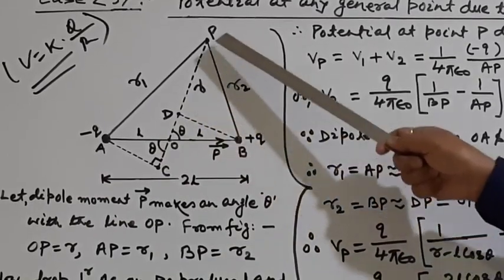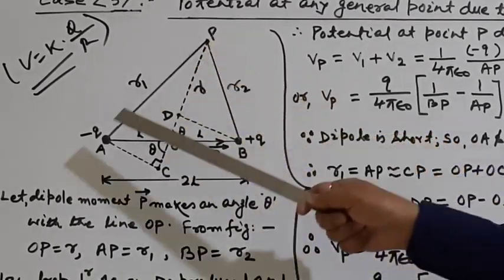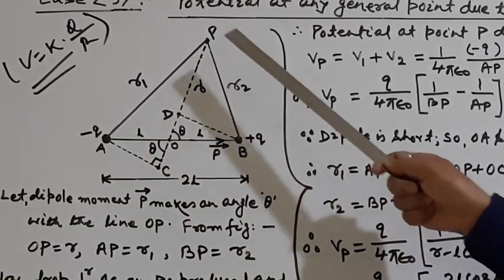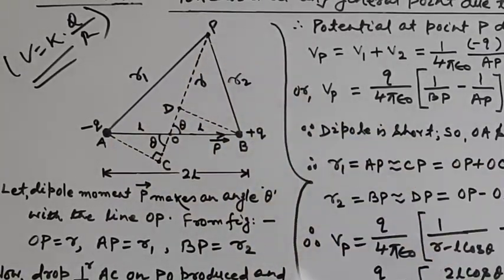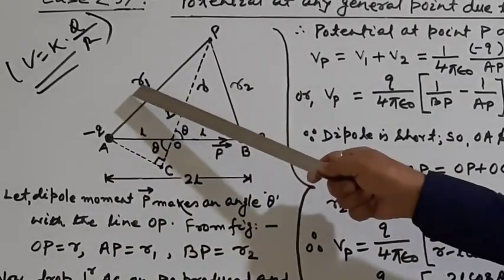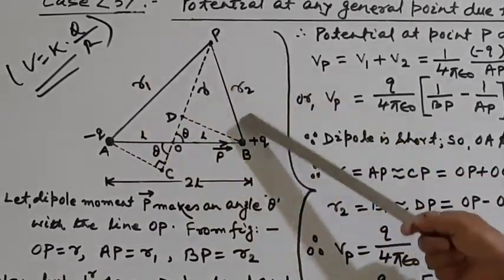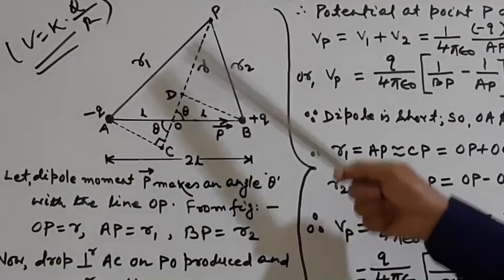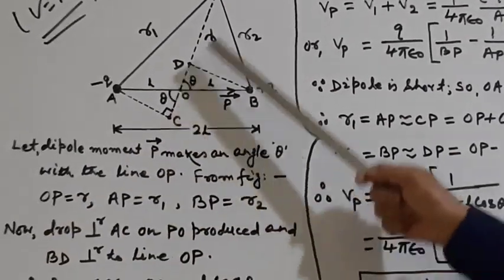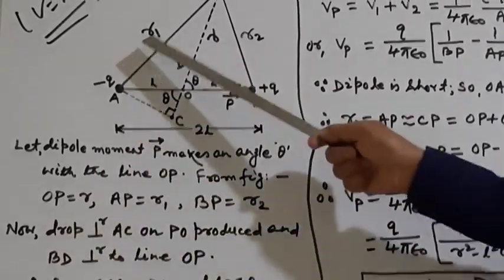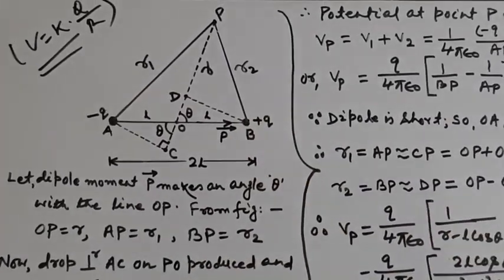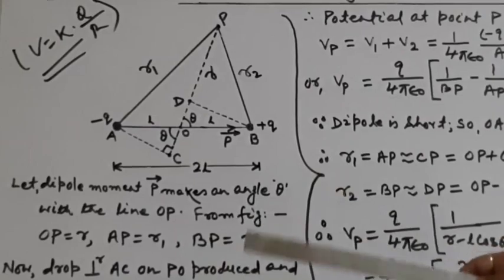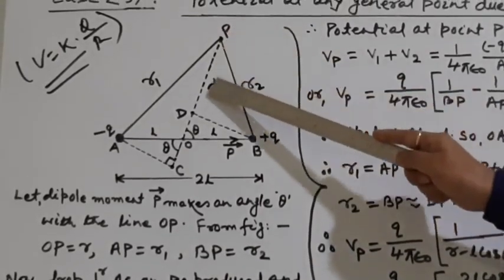That's why you have to join both the lines from the point to charge minus Q, and from the point to charge plus Q. So we'll join AP and BP and assume AP is equal to r1 and BP is equal to r2. According to the figure, OP is equal to r, AP is equal to r1 and BP is equal to r2.